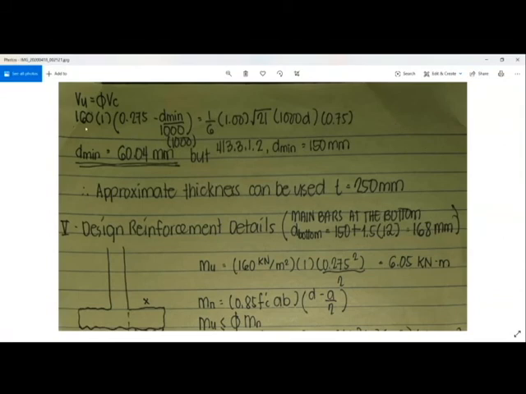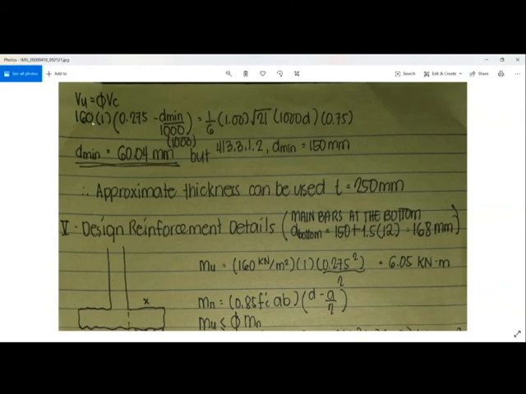Because this is in kilopascal and meter, we multiply this by 1,000 to make it megapascal, or to make it Newton. And then this is equal to 1/6 multiplied by 1 square root of 21 times 1,000 D, multiplied by 0.75.